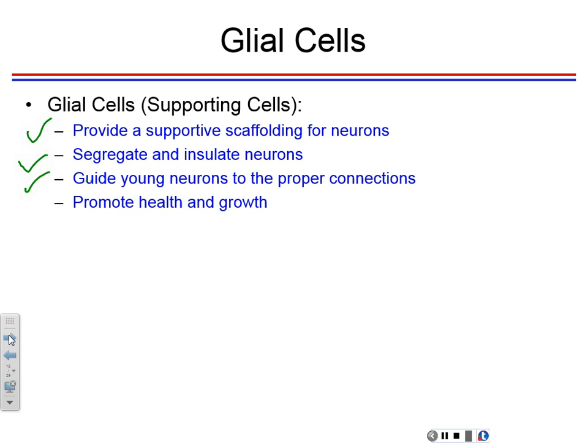As they are guided, they are also surrounded. It's like building it and surrounding it so that it's all insulated. And then also promote health and growth, of course, of those neurons, because we need them.